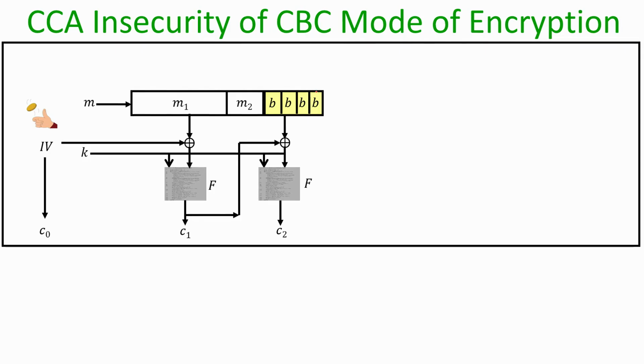The resultant ciphertext blocks are C sub 0, C sub 1, C sub 2, and I call this last block of the message, namely the block with the padding, M sub 2 hat.